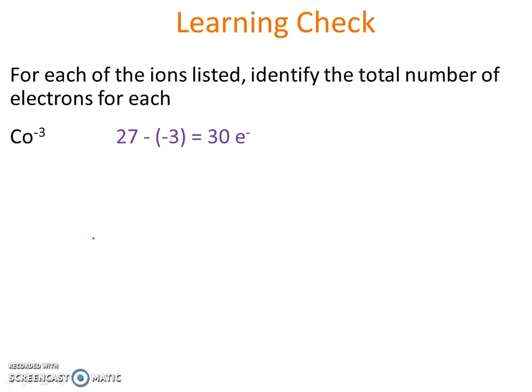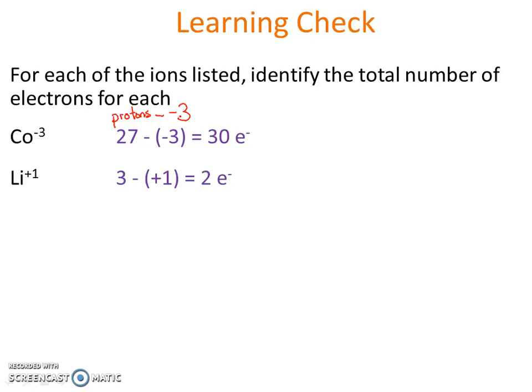When you find cobalt, it's number 27 on the periodic table, so it has 27 protons. Subtract the negative 3, and you end up with 30 electrons. So it has 30 electrons, negatives, which is 3 more than the 27 positives.